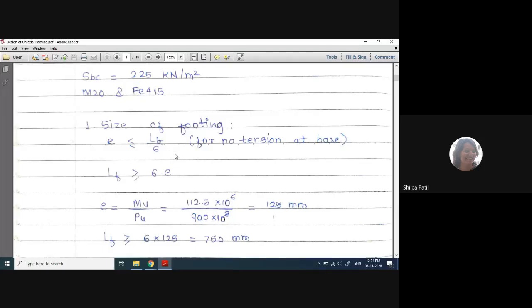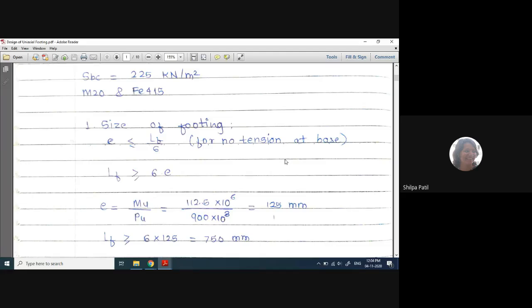So eccentricity should be less than or equal to LF by 6 if we don't want any tension. It means at the bottom of the footing we want compression only, no tension. If tension develops, that part of the footing normally does not have contact with the soil. It remains in an uplifted position.